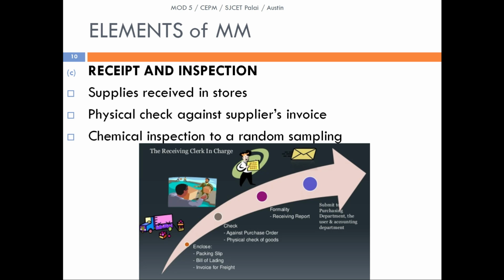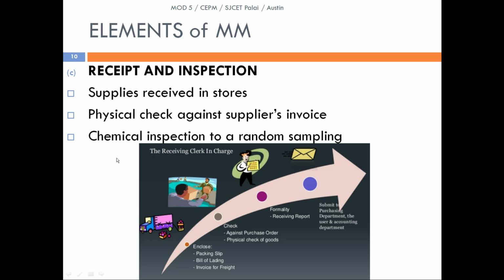The third one is receipt and inspection. Once we have decided to procure, we receive the product or raw material at our construction site or in our organization. Then we receive the supplies in our stores or warehouses.